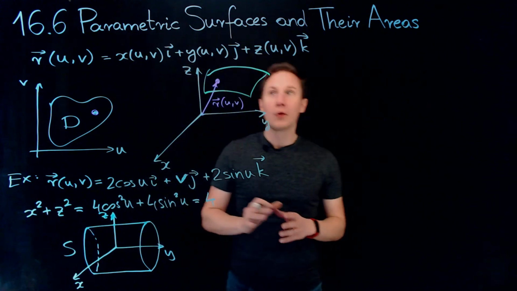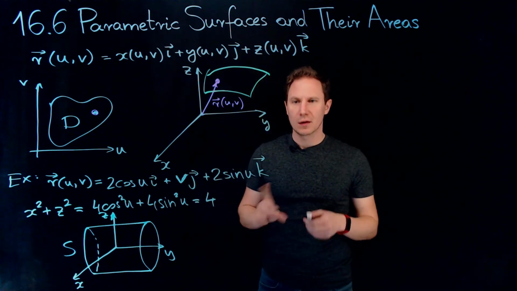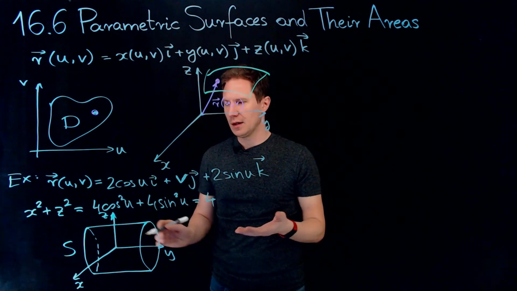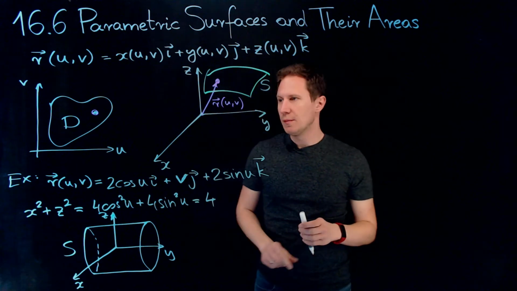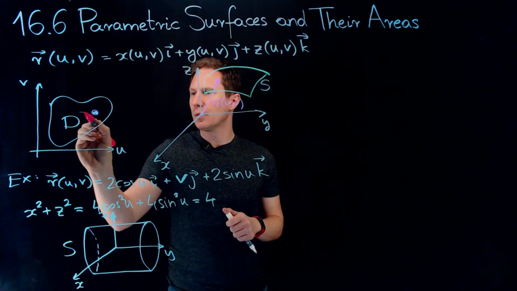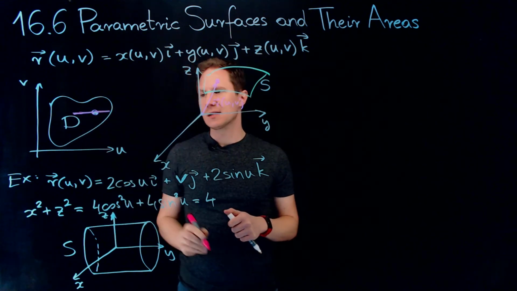All right, so let's now look at how we can talk about tangent planes to such surfaces given to us by vector functions of two variables. Imagine you change u and keep v fixed.